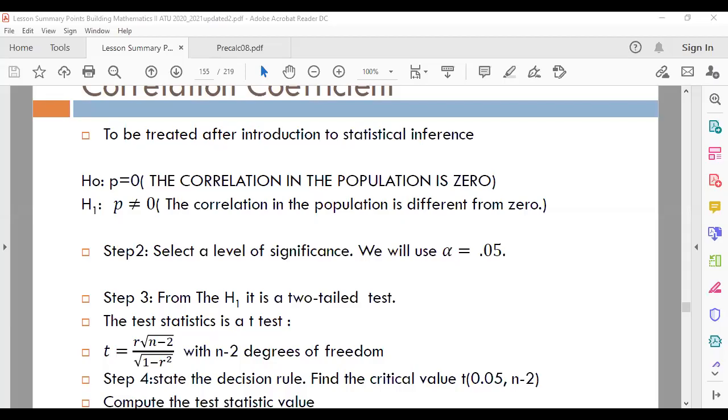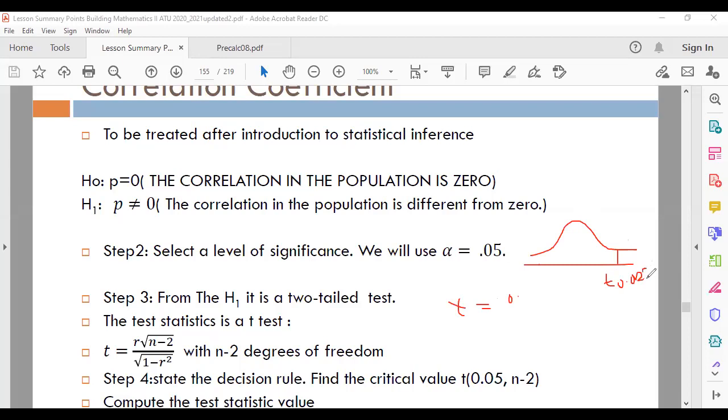I think the network just went off. So like I was saying, you go and read the T. We'll look at an example if we meet in class. So you go to find your critical value, which will be T. So you go to the T table and 0.025.